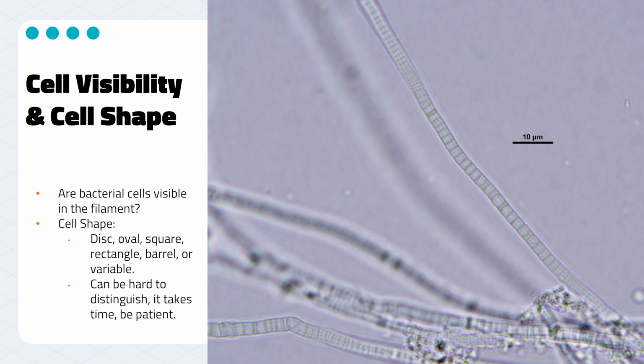For instance, when you look at rectangular cells, you might look at this filament and think that some of these are rectangular or even barrel shaped. But we would largely call these disc-shaped cells, which can feel a little bit surprising or misleading. That's largely to do with the orientation of the shape, and it's something that you'll pick up after doing enough observations, and you'll recognize these filaments and what sort of cell shapes they manifest as.